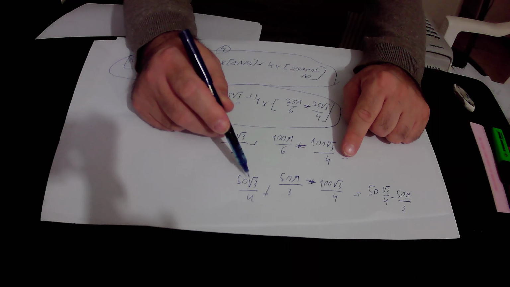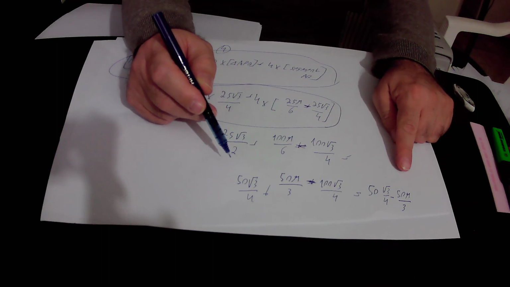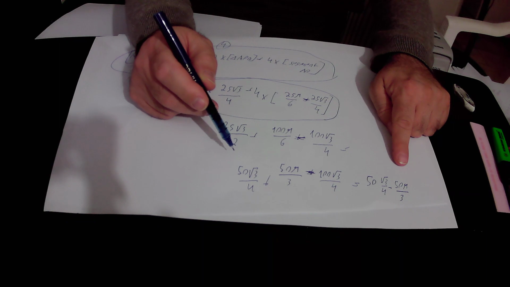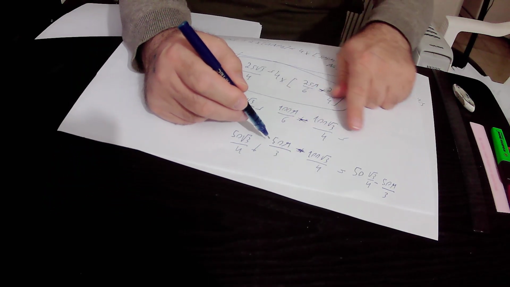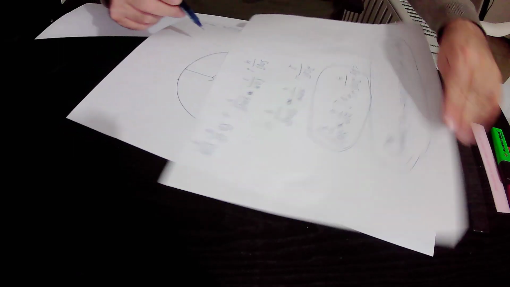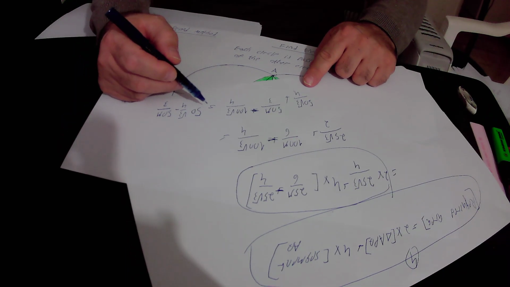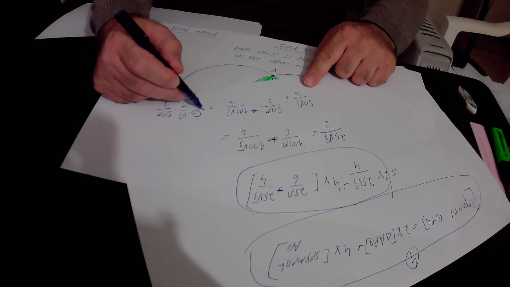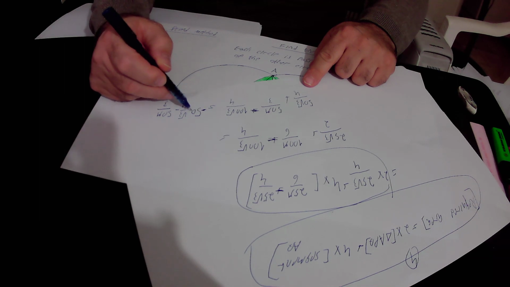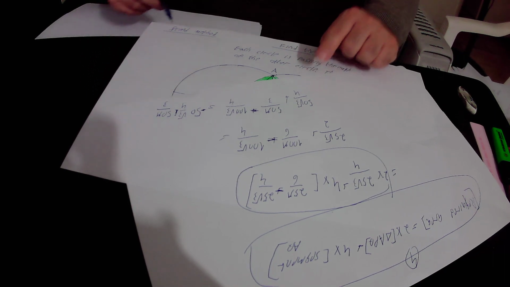50 times square root of 3 over 4 minus 100 times square root of 3 over 4 equals minus 50 times square root of 3 over 4, and here we have 50 pi over 3.